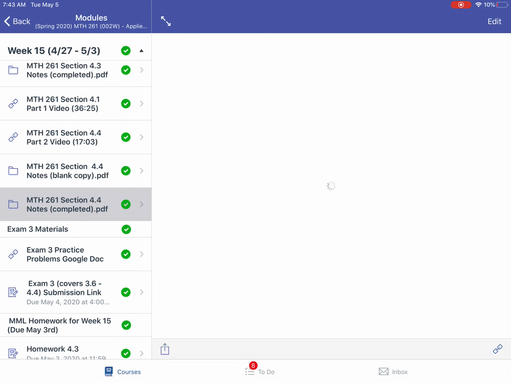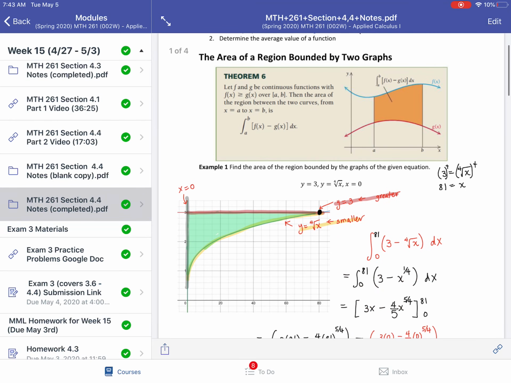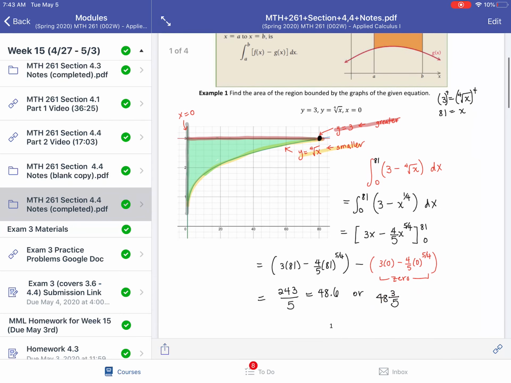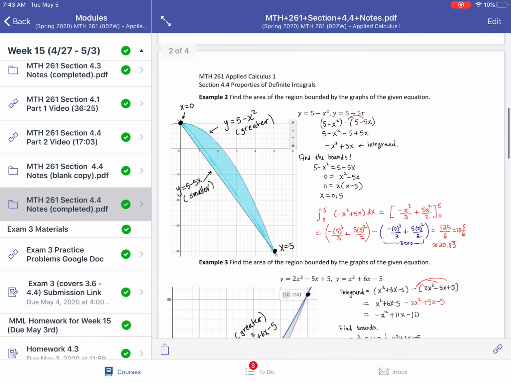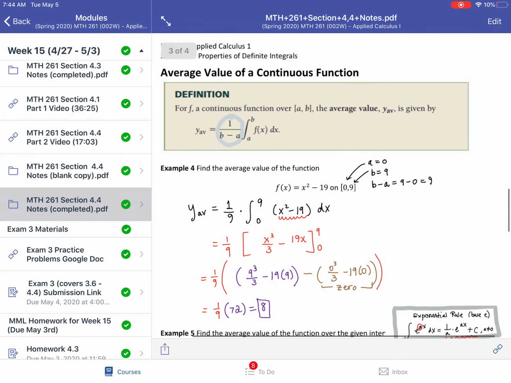On the second page of the 4.4 notes, I asked you to find the area of a region bounded by 2 graphs on number 8 on exam 3, but never an average value of a continuous function. So this is what you're going to use.